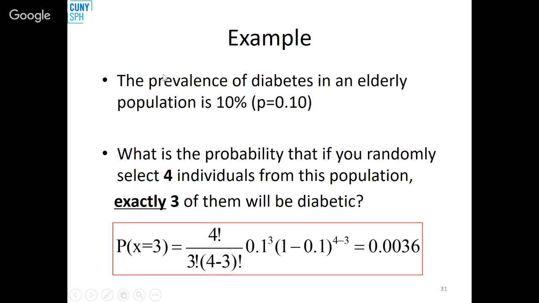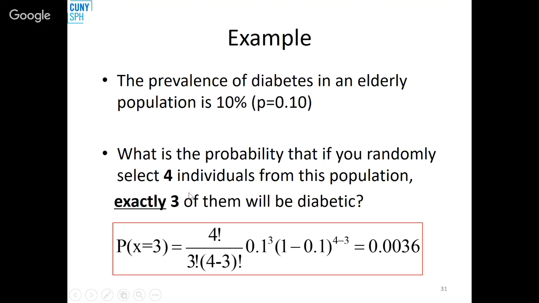So as an example, if the prevalence of diabetes in an elderly population is 10%, what is the probability that if you randomly select 4 individuals from this population, exactly 3 of them will be diabetic? So this is a Bernoulli trial with n equals 4, and we'll call having diabetes a success.